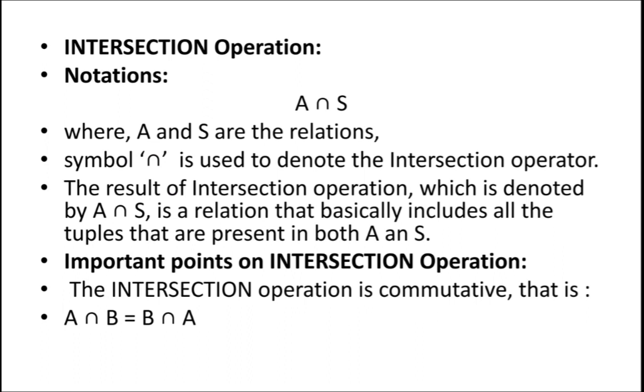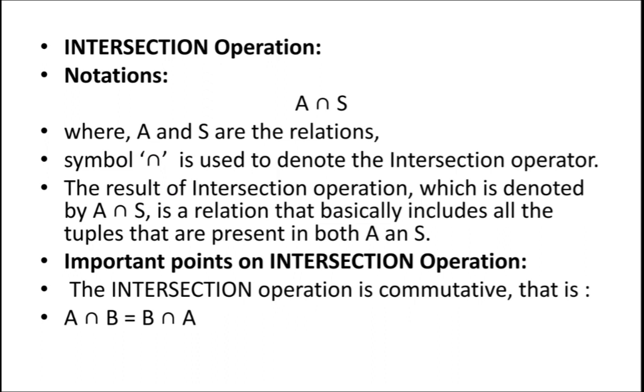In union, you can take any tuple from both the relations, but in intersection you have to consider the common tuples. A tuple should be present in both the tables to be selected. That is intersection. I will take up an example, then you will understand in a better way.